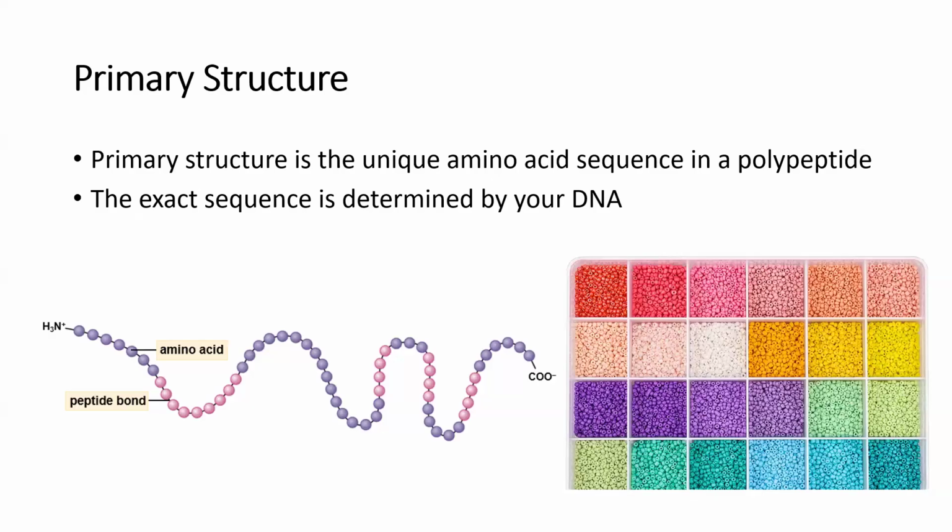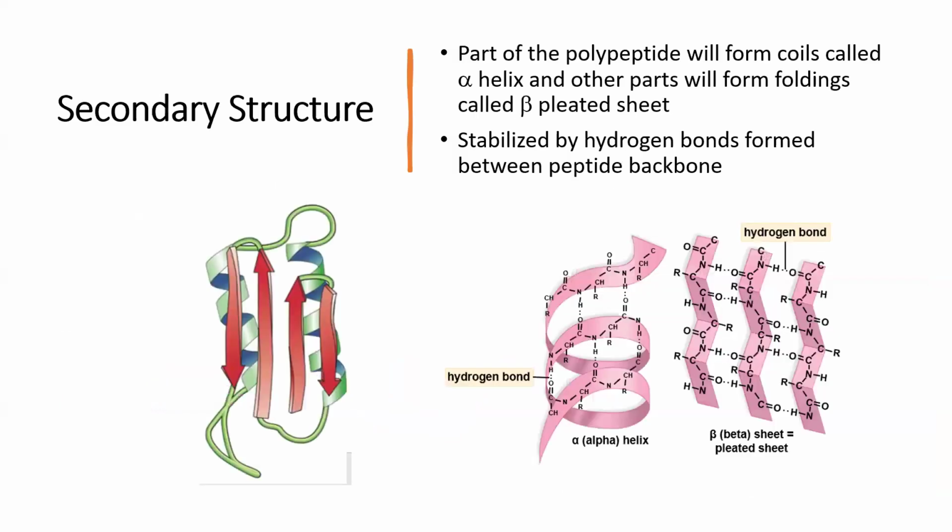All the proteins, the recipe to make them are in your DNA. Meaning, if your DNA changes, if your DNA mutates, then your protein might be affected. We're going to take a look at that I think in the next slide. Oh, not yet. So that's the primary structure. We all understand that? It's just the sequence of amino acids.